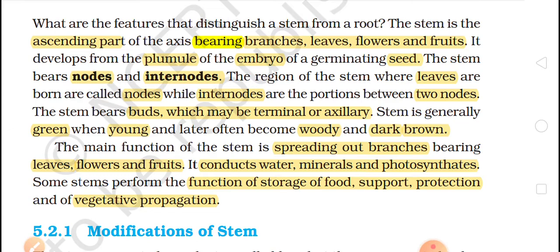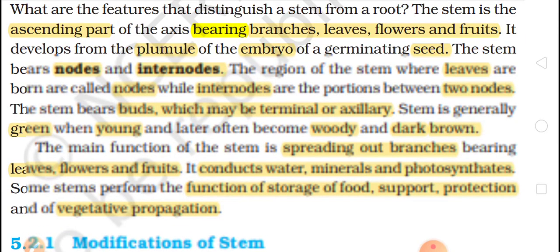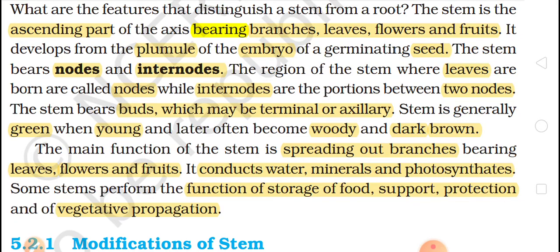The stem bears nodes and internodes. The region of the stem where leaves are born is called a node, while internodes are the portions between two nodes.